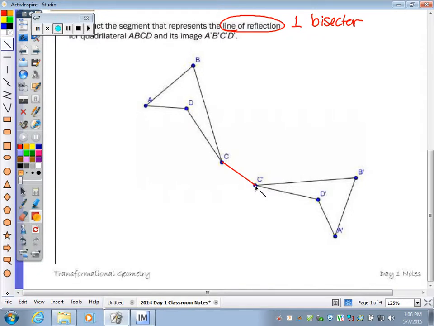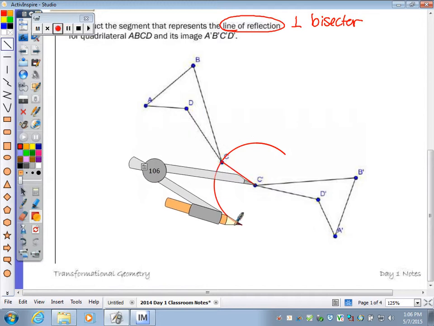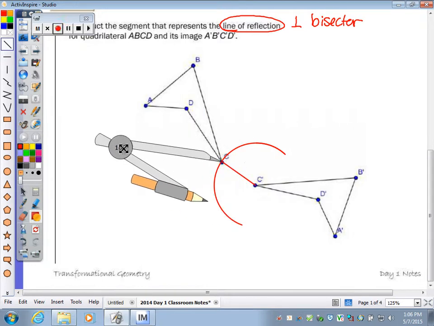Then I get out the compass, and I'm going to construct in that segment the perpendicular bisector. Again, you can draw the full arc, or you can just make the X. I'll draw, just because it's easier for me, the full arc using the board compass.